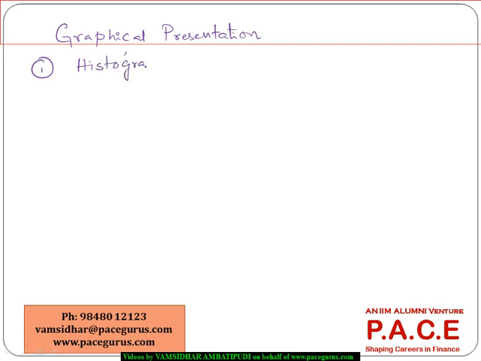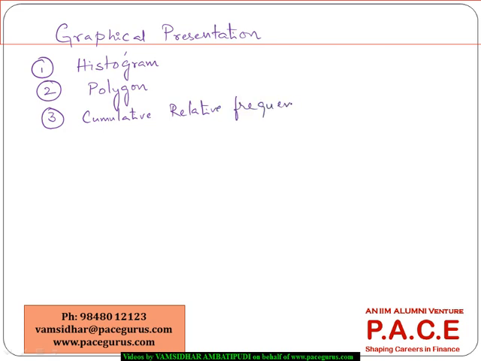How can I convert it into a histogram? How can I convert the same into a frequency polygon? And how do I plot the cumulative relative frequency kind of distribution? So these three graphical representations, let's try out.